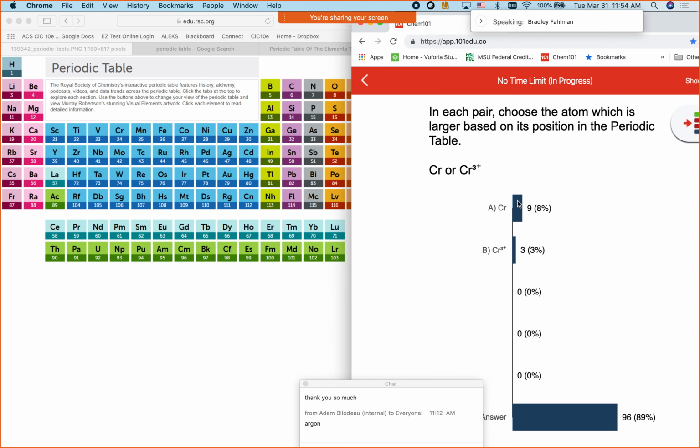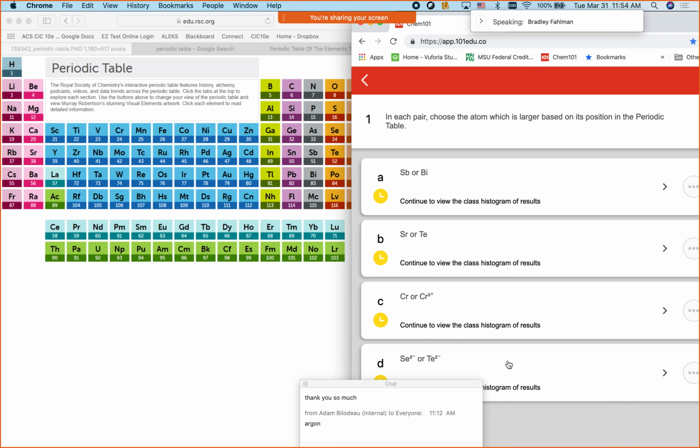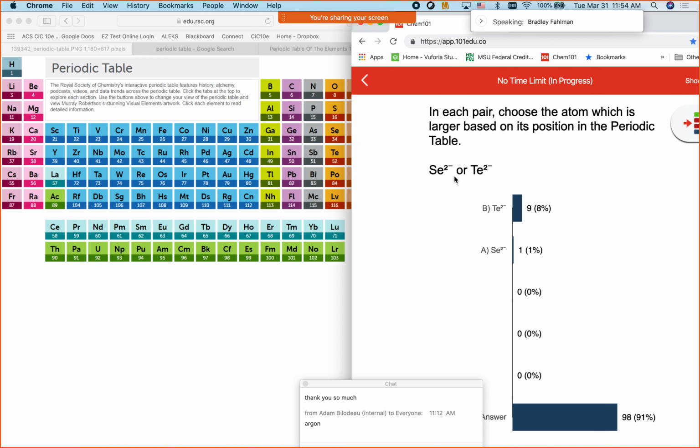Remember that the neutral atom is always larger than its ion, the cation. That's correct. And the last one, selenium 2- or tellurium 2-. It's the same trend for ions. As you go down a group, the ions get bigger as well, so tellurium 2- is going to be bigger.